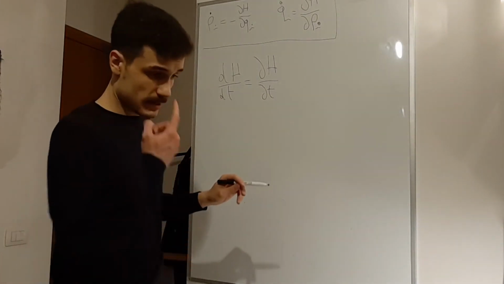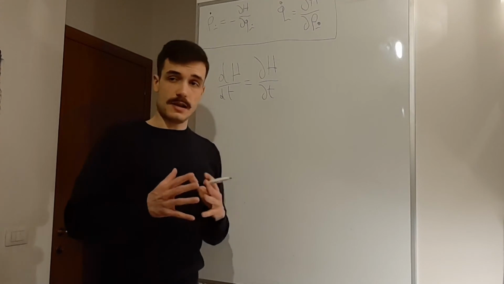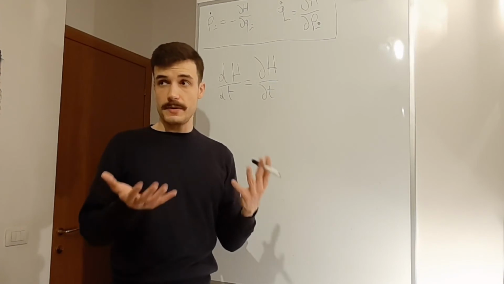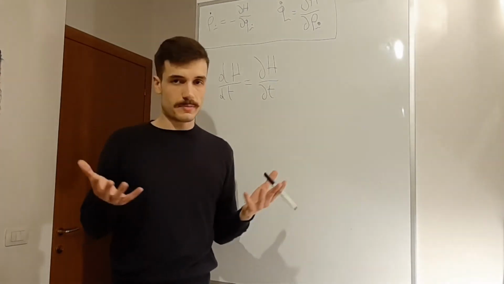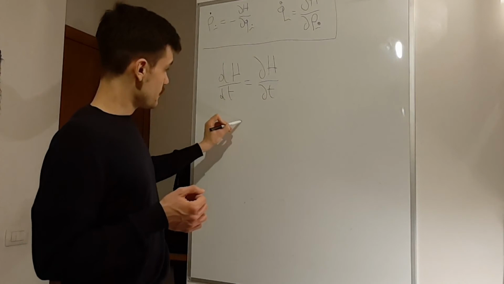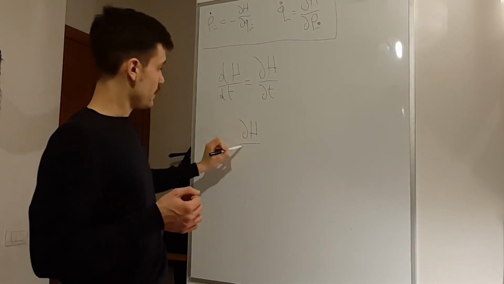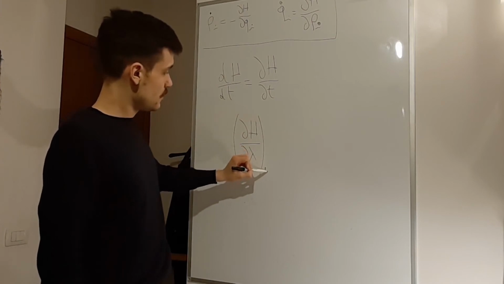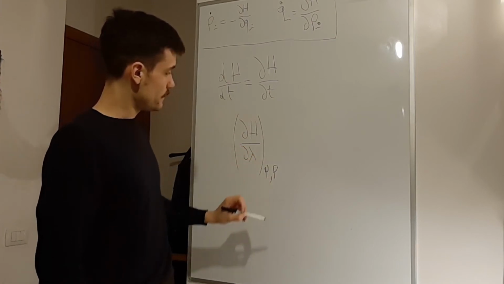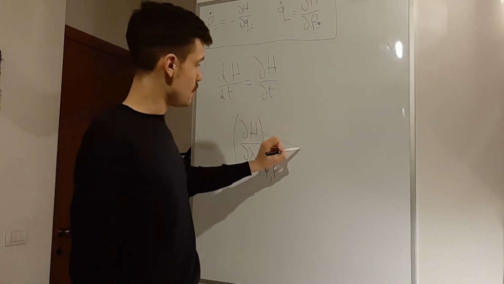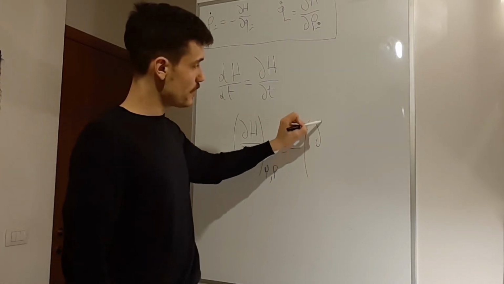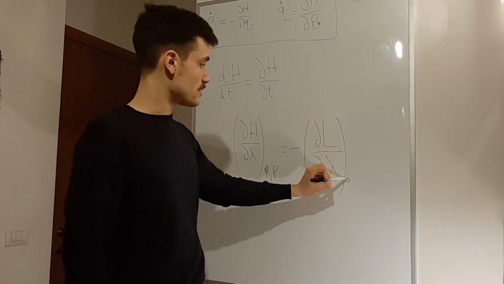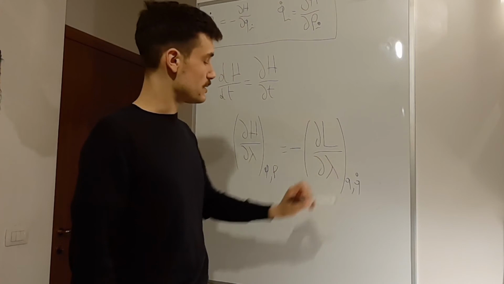Another interesting thing is that if we have some kind of parameter, lambda, from which the Lagrangian and the Hamiltonian can depend and can change, any kind of parameter, it's very interesting because the partial derivative depending on this parameter lambda with constant position and momenta will be equal to minus the partial derivative of the Lagrangian according to the exact same parameter with constant positions and velocities.